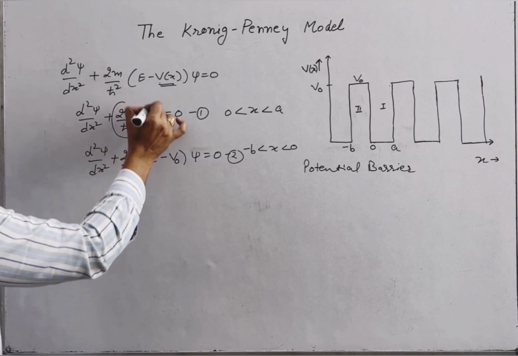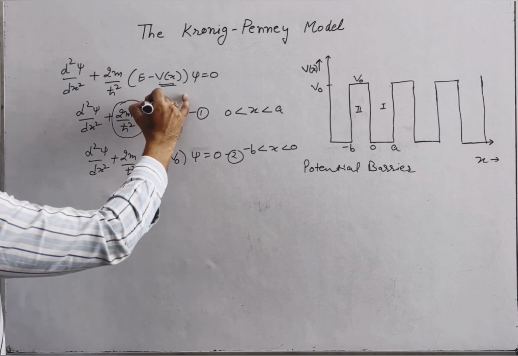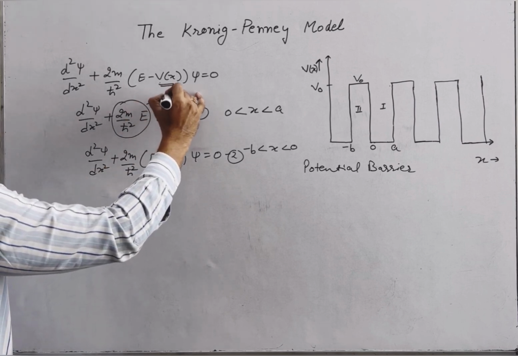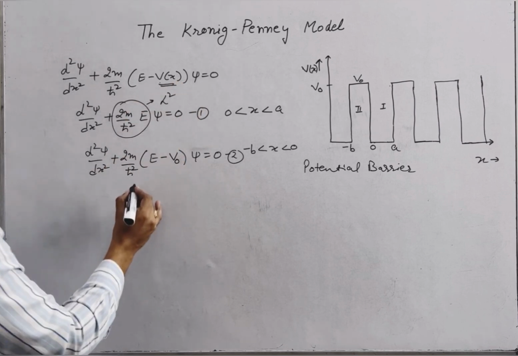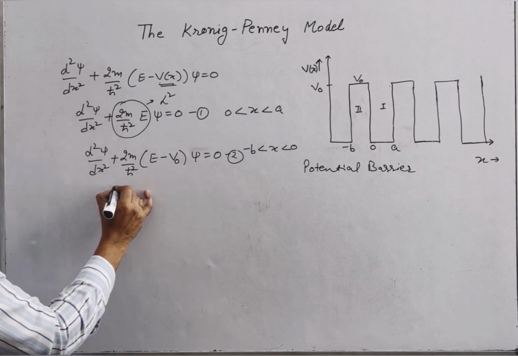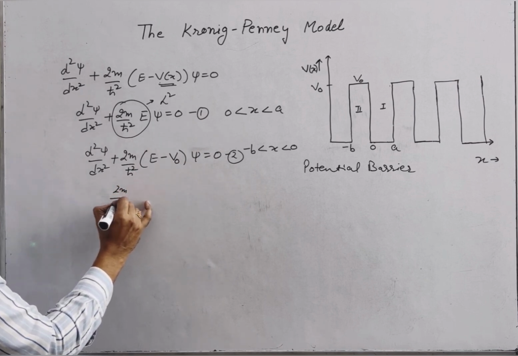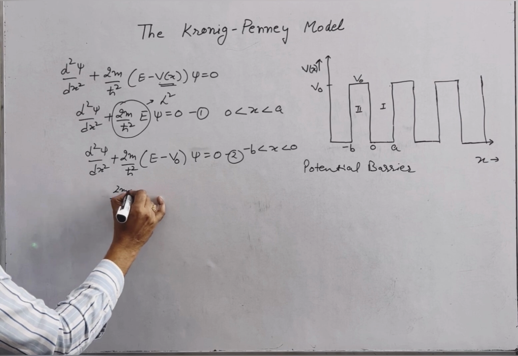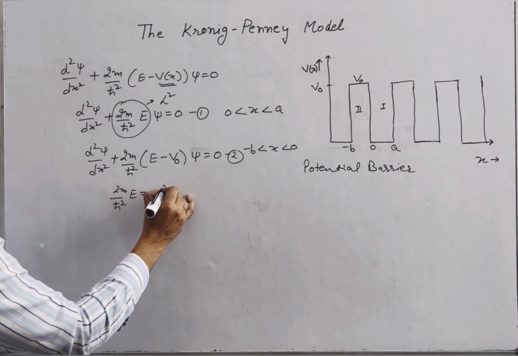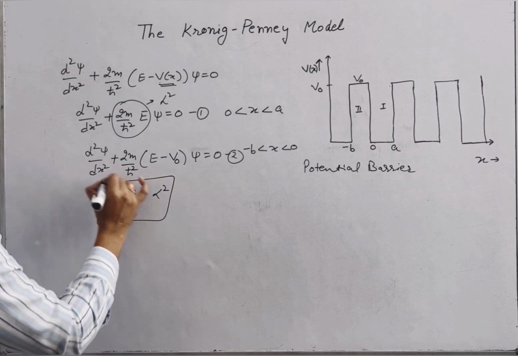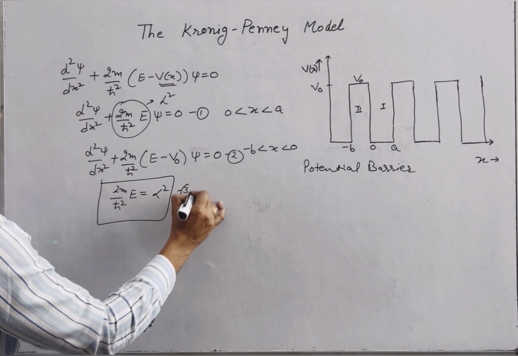Okay. Now, we will simplify these two equations. We will assume this term as alpha square. So, from equation number 1, 2m upon h cut square into E is alpha square. Let this be number 3.